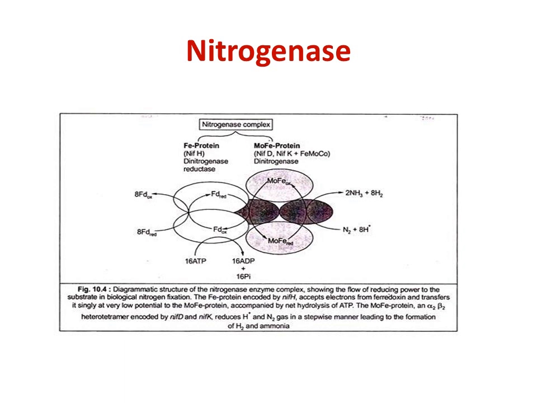This is also called dinitrogenase reductase, which is a dimer of two identical subunits. And it also has two binding sites for ATP and ADP.